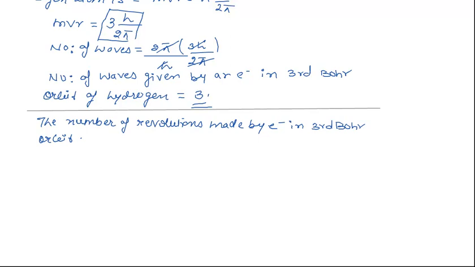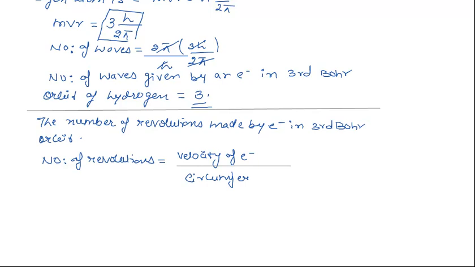So what is the formula for number of revolutions? We did it in our previous session. Number of revolutions is equal to velocity of electron divided by the circumference, right? Now what is the velocity of electron?